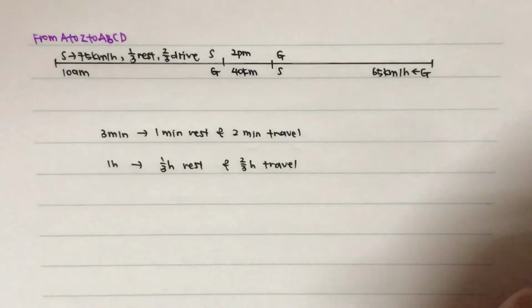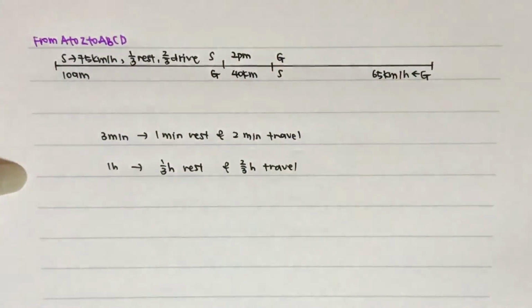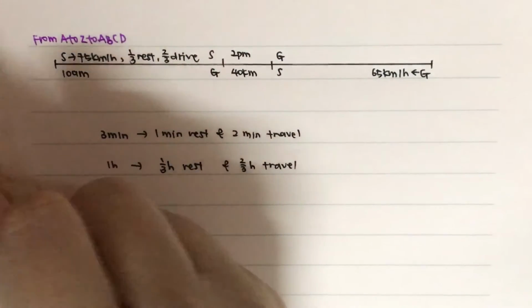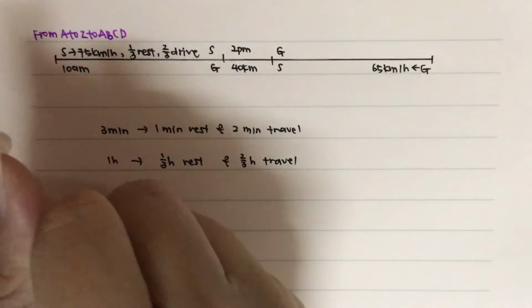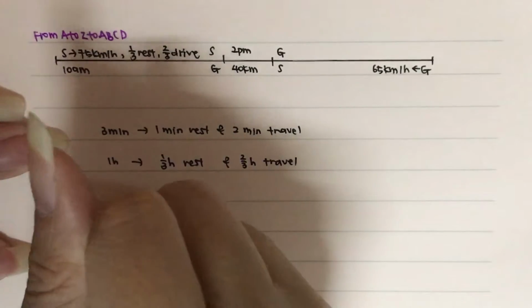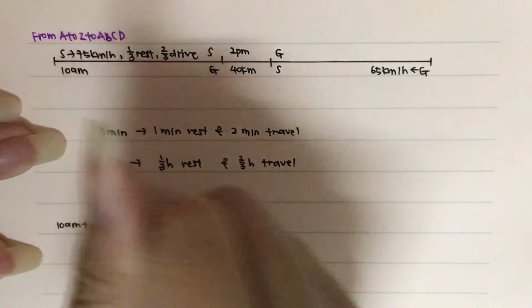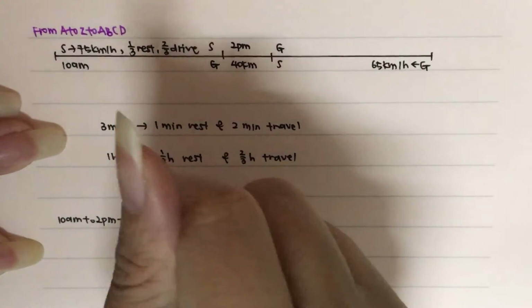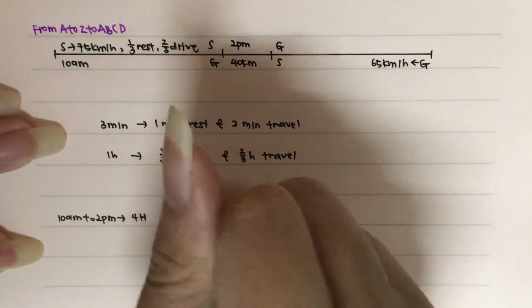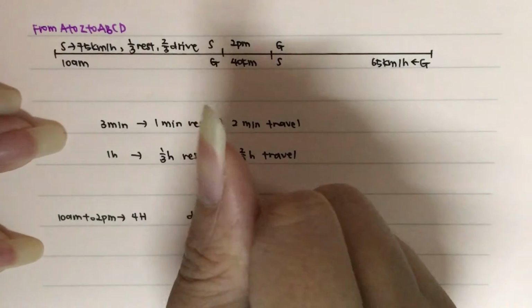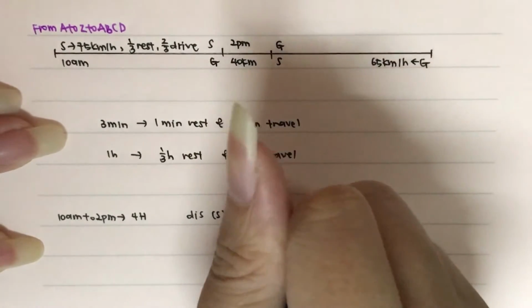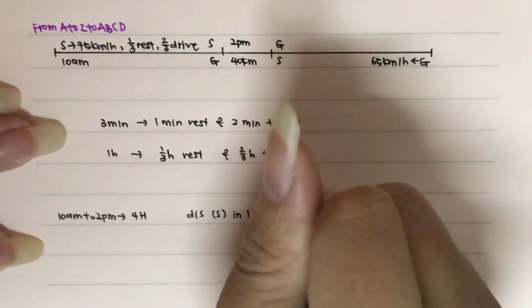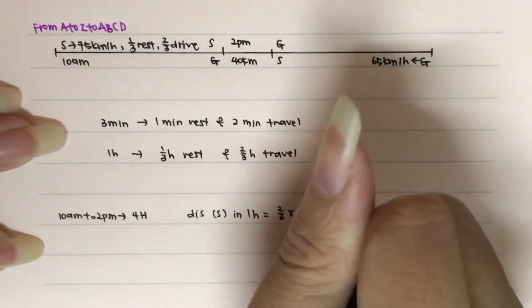Okay, then using this, we will start the question formally. From 10 a.m. to 2 p.m., it will be 4 hours. Then distance of the silver car in 1 hour will actually be equals to 2/3 times 75, and this gives us 50 kilometers.